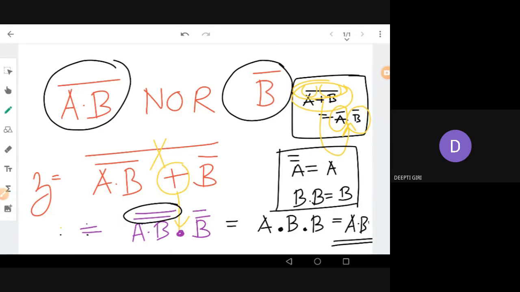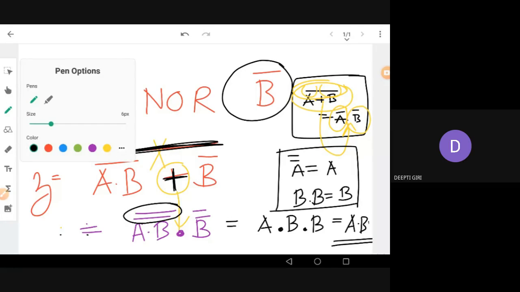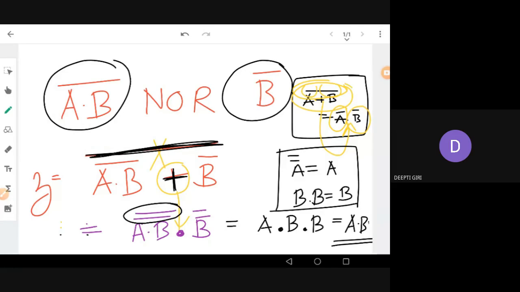So NORing is what? Logically adding and negation. Then I am using De Morgan's law, that is (A plus B) whole bar, that is NORing, splitting the bar, A bar into B bar.